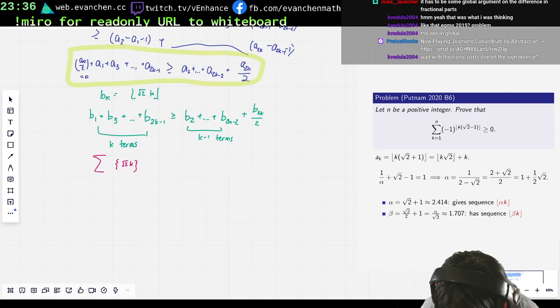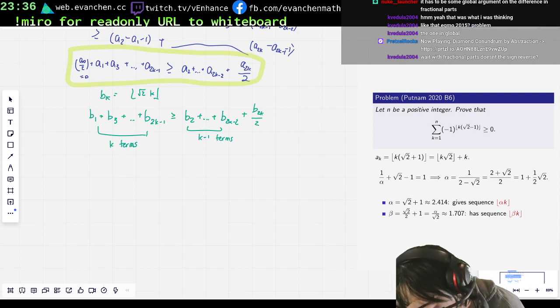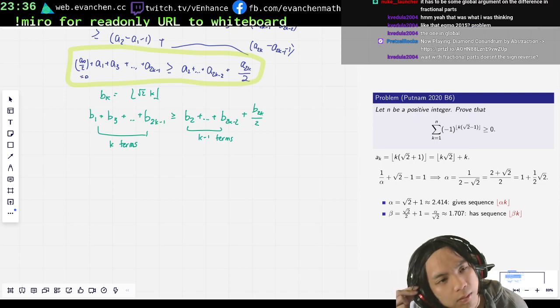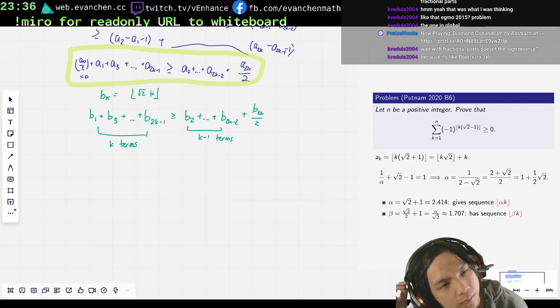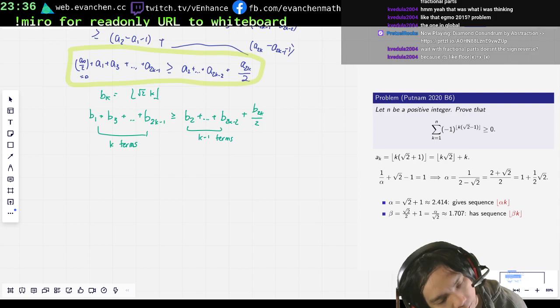I don't like it. We still need to use root 2 somehow. Like, it's just not going to be true for random irrational numbers. Yeah, I agree. The fractional part, it would flip the sign.